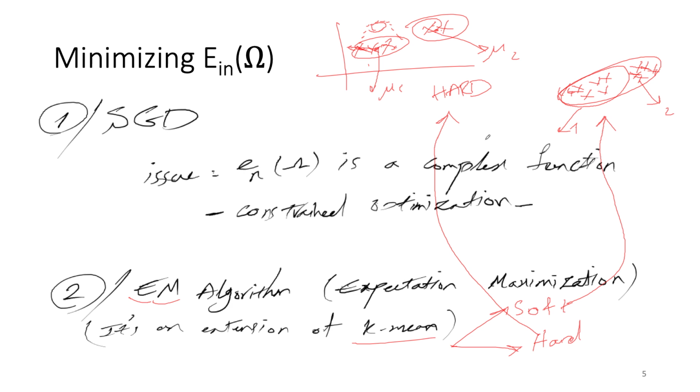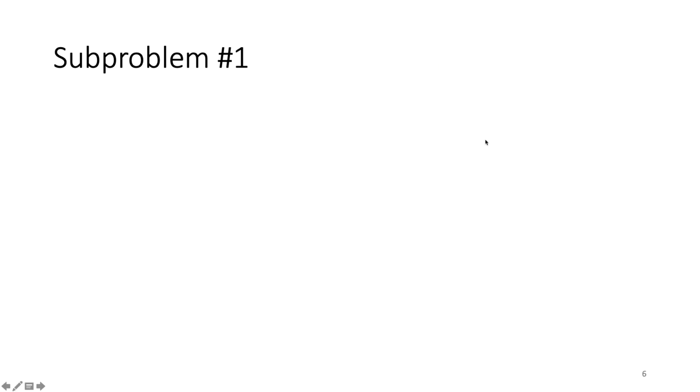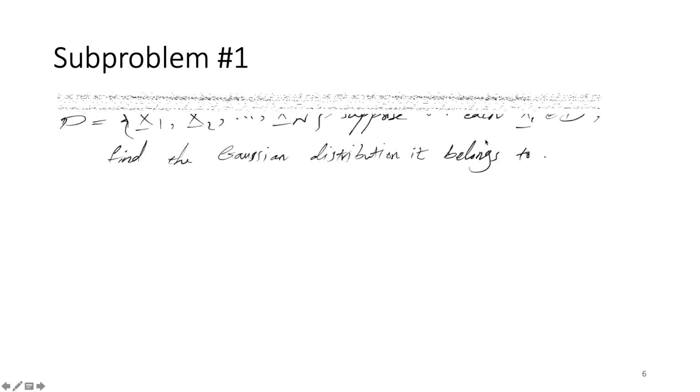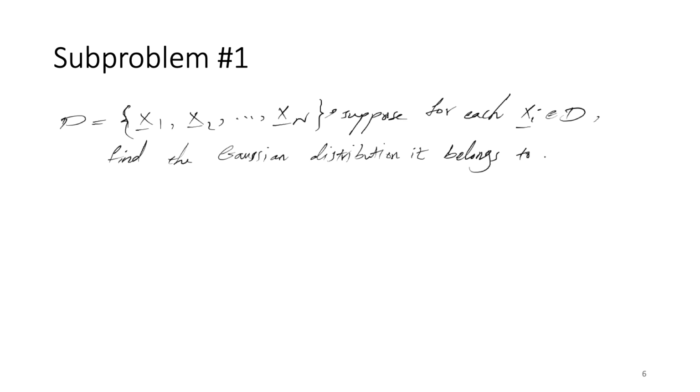All right, just like k-mean clustering, let's break the optimization into two subproblems. Subproblem number one: given D, a bunch of data where we don't know the label, or a vector of data in higher dimension, x1 up to xn, suppose for each of those xi's within your D, we want to find the Gaussian distribution they belong to, right?